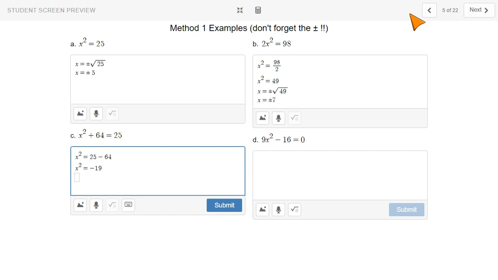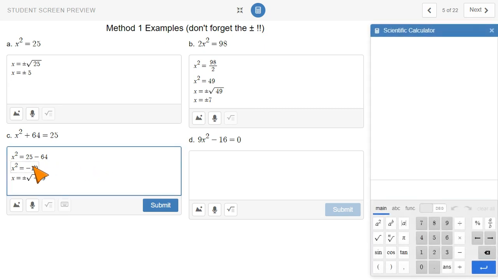Now, we have x is equal to plus or minus square root of negative 39. Put this into your calculator and see, oops, I am having some major troubles with my mental math today.